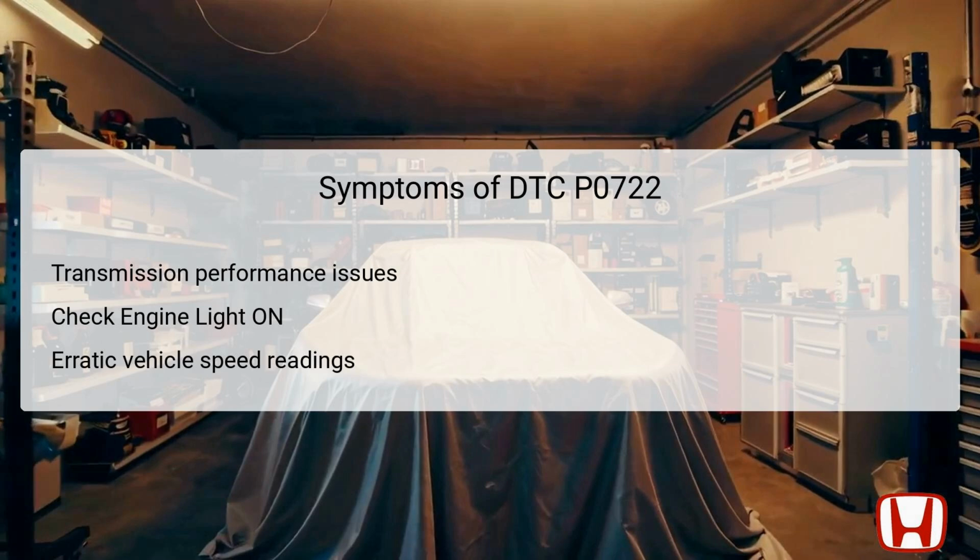Additionally, inaccurate speed readings will likely occur, affecting the vehicle's overall control. These symptoms can lead to a degraded driving experience, emphasizing the importance of addressing the DTC promptly. Although the transmission may still function, it may not operate as optimally, leading to potential long-term damage if left unchecked.